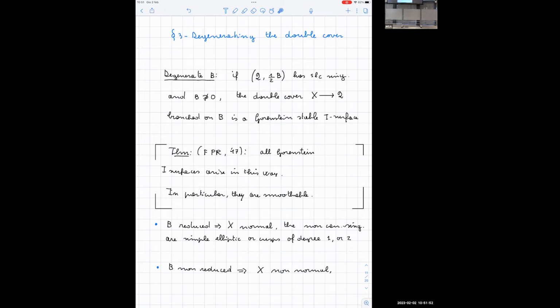And what we proved with Franciosi and Rollenske is that all Gorenstein surfaces arise this way. So for the Gorenstein examples, this is somehow understood.